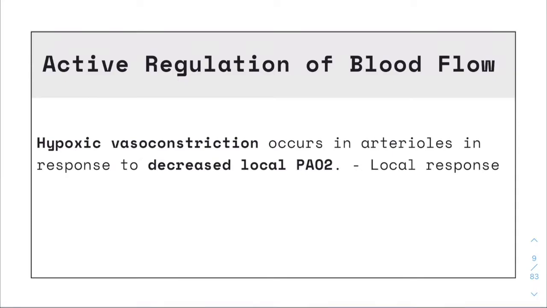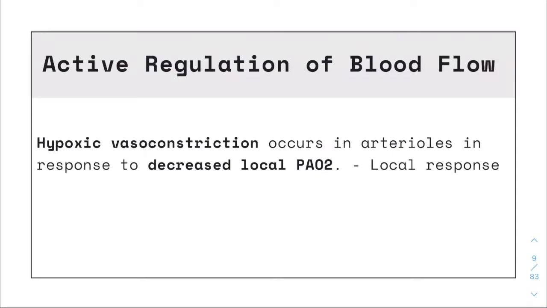So there would be hypoxic vasoconstriction, which occurs in your arterioles in response to low oxygen tension. So this is your local response, which may be present if there is hypoxia affecting less than 20% of the blood vessels.